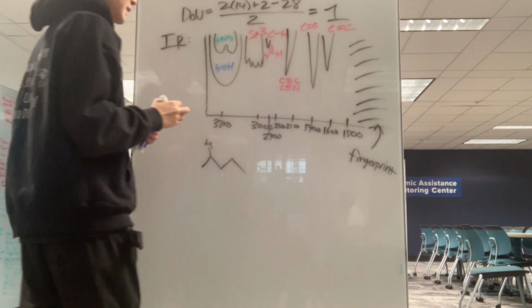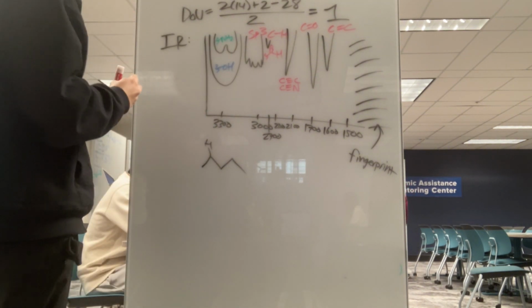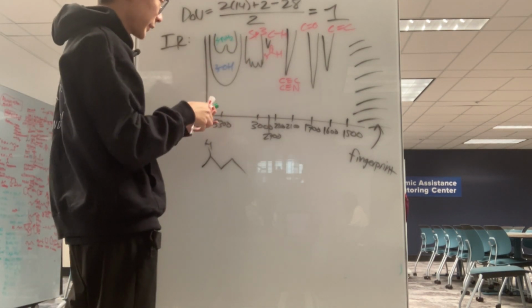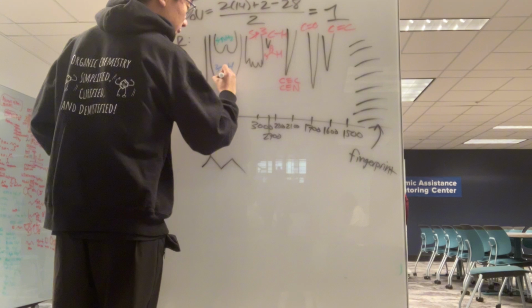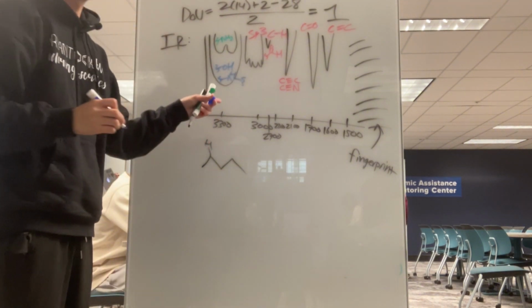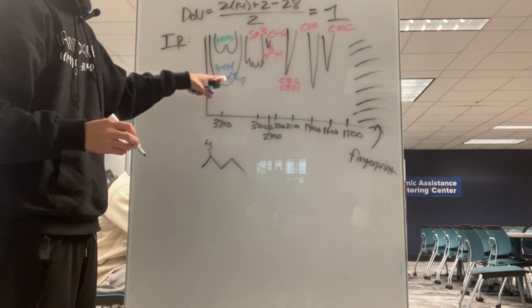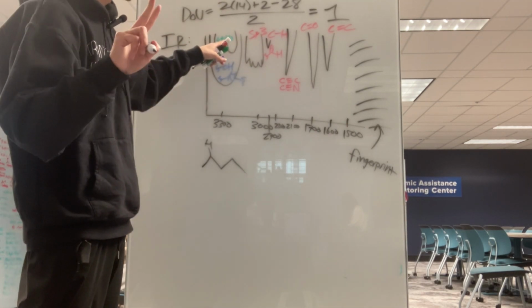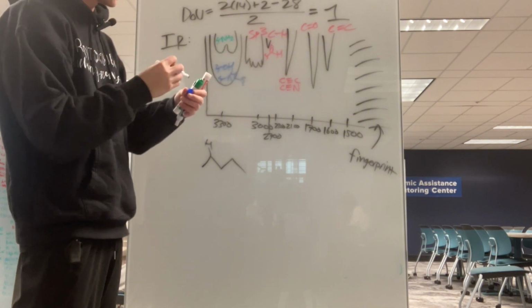NH is also going to be this big broad peak right here. So this big broad peak can represent OH or NH, because the broad peak represents hydrogen bonds. This NH only has one hydrogen bond, that's why we only see one big broad peak. NH2 has two hydrogen bonds, that's why we see two broad peaks right there.